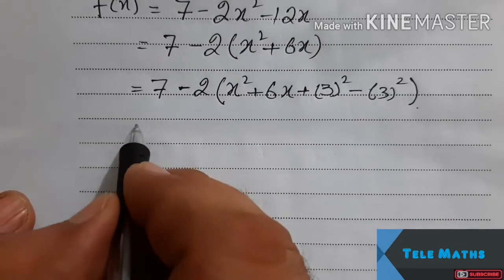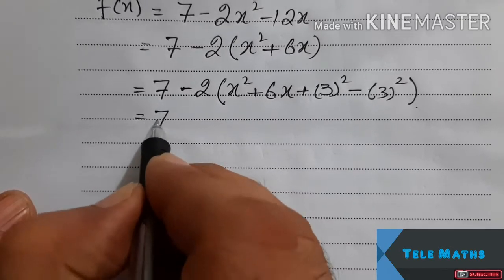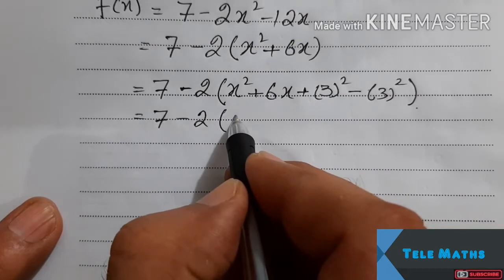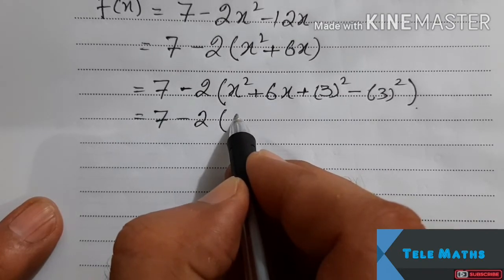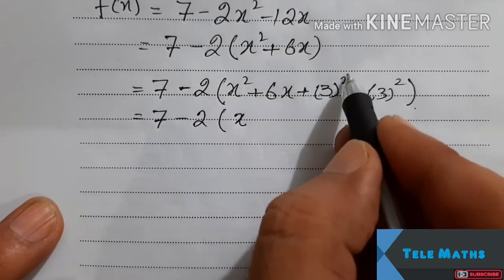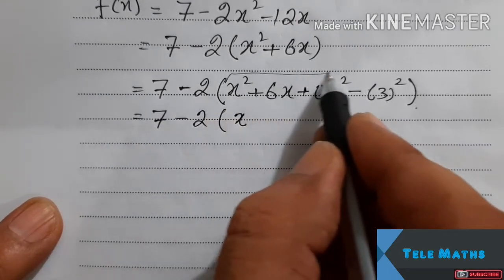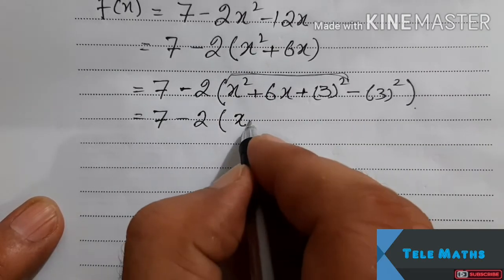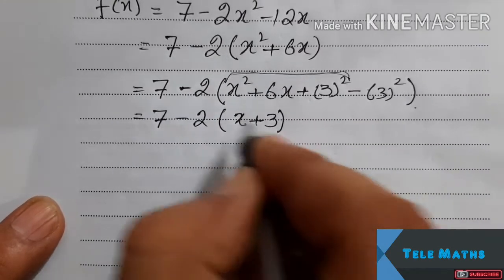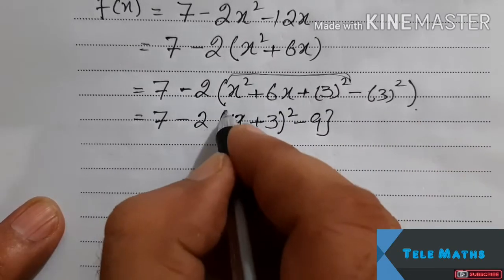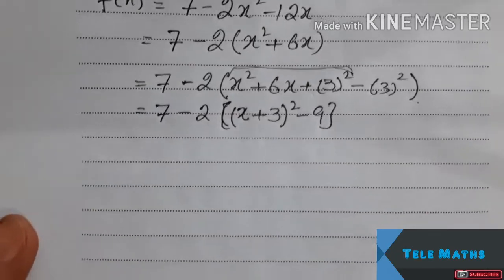Now this will become 7 minus 2 x. Okay, if you focus on this, it is a square plus 2ab plus b square. It will become x plus 3 whole square minus 9, because 3 square is 9.